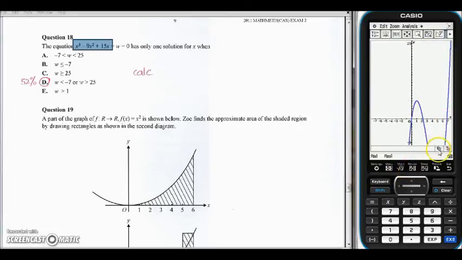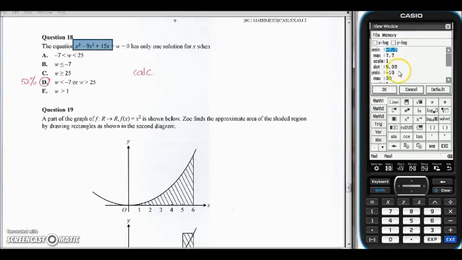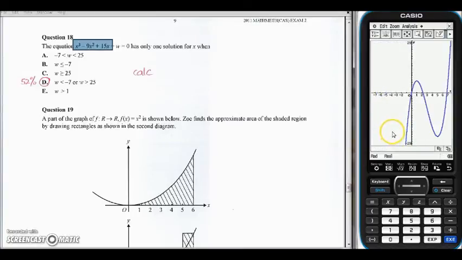Okay, I've got a minimum down here, so I'll just figure out what that is. It's at negative 25, so I'm going to change my window so that it goes down to negative 30. I'll leave the rest the same because it doesn't matter. So this function, at the moment, has 3 x-intercepts.